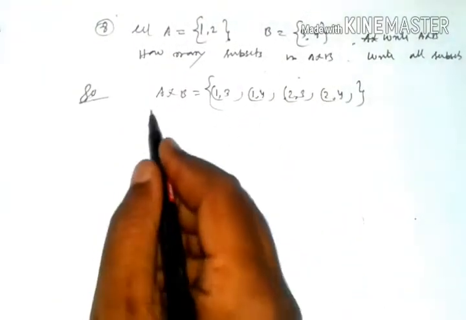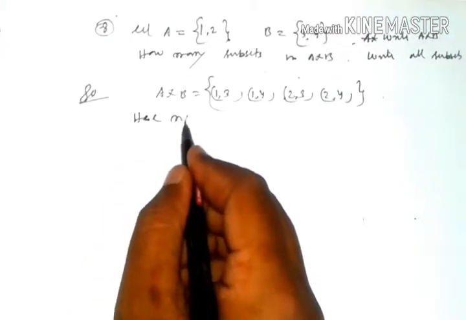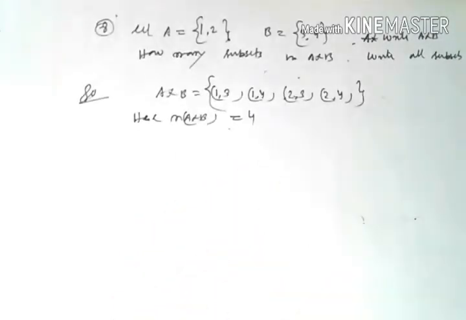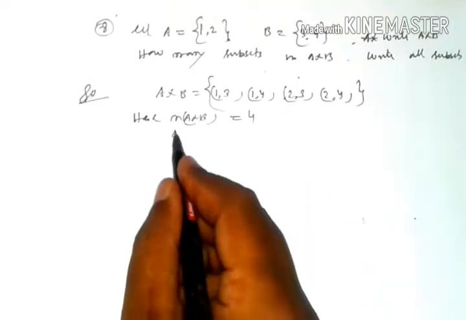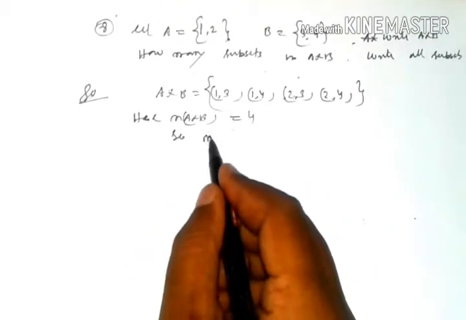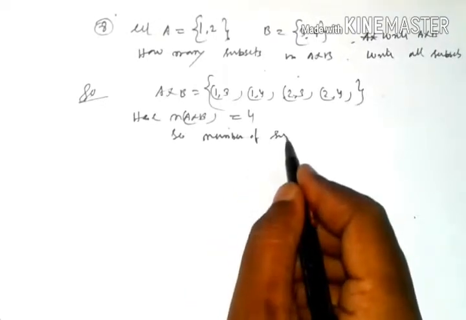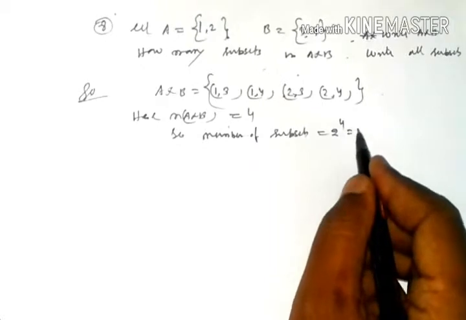How many subsets? Here in A cartesian product B the number of elements is 4. So the number of subsets is equal to 2 to the power 4, which is 16.